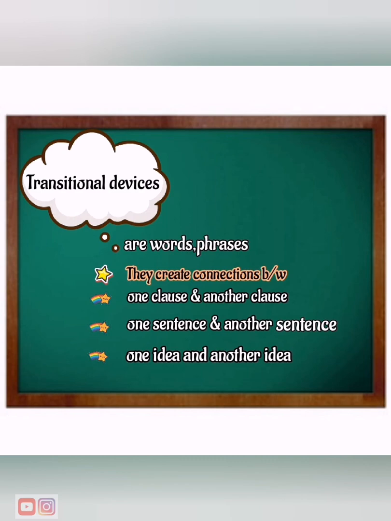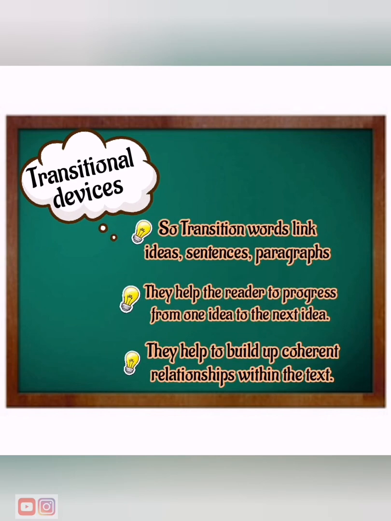They create a connection between one clause of a sentence and another clause, one sentence to another sentence of a paragraph, one idea to the other idea of the same sentence or of one paragraph to another. So in a nutshell, transitional devices are those devices that link ideas, sentences, paragraphs with one another. They help the reader to progress from one idea to the next idea. They help to build up coherent relationships within the text.